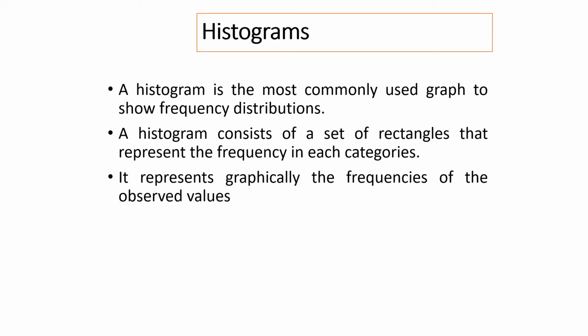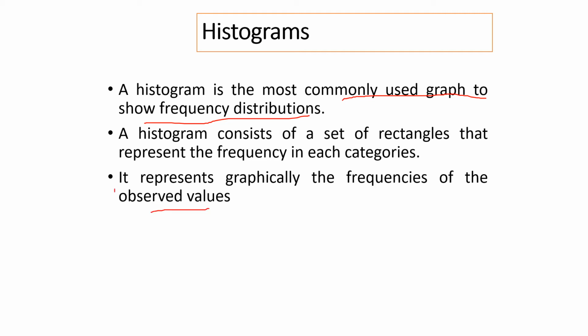And another method is using the histogram. This is commonly used to show the frequency distribution. The histogram consists of a set of rectangles that represent the frequency in each category. It represents graphically the frequency of the observation values.